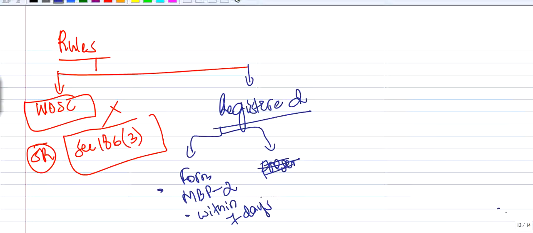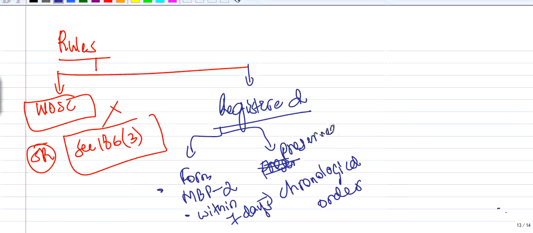They have to give chronological order, should be maintained, preserved by the prescribed authority, mainly company secretary or an authorized person. Preserved, either electronic or manual.